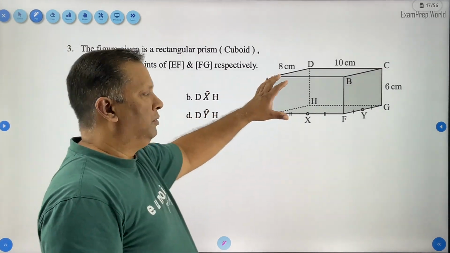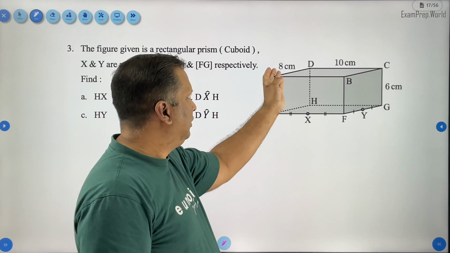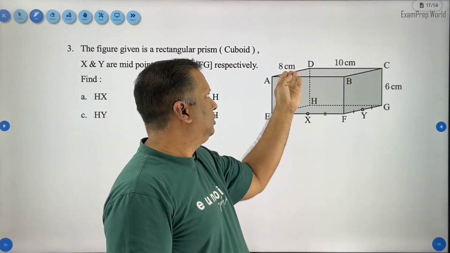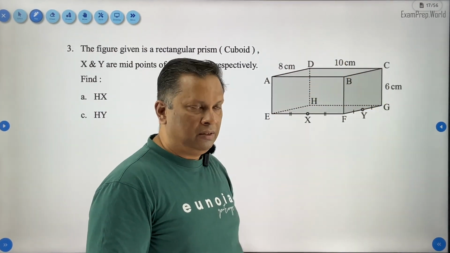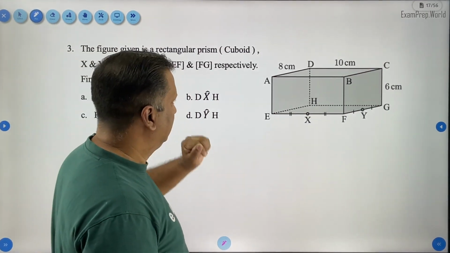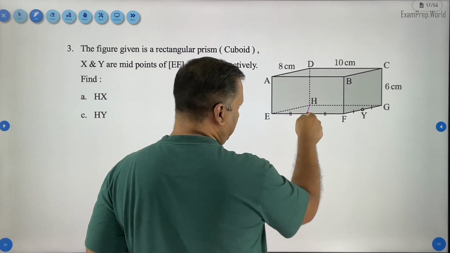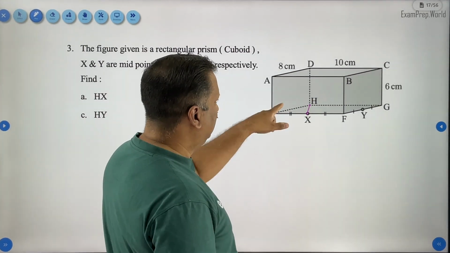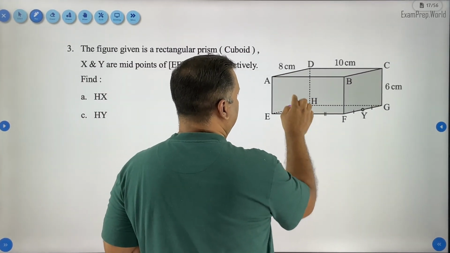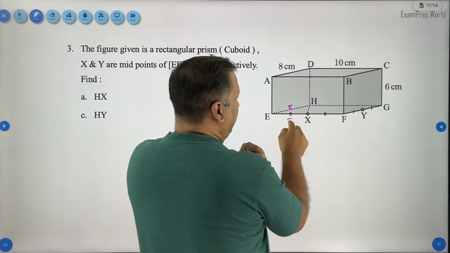Here, I was always talking of cube and cuboid. This is a cuboid where the dimensions are different. The length is 10, the width is 8, and height is 6. This is a relatively simple question. Find HX, a line joining from H to X. This one is 8, and this whole thing is 10, so this is 5.